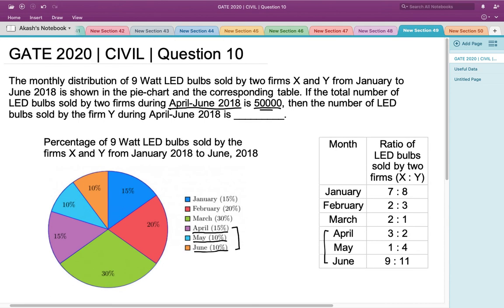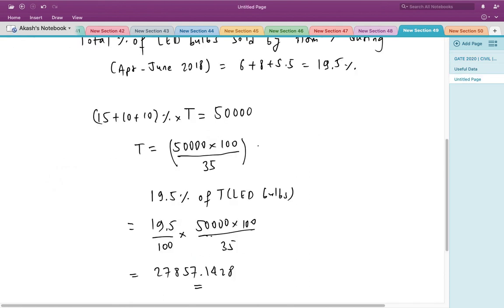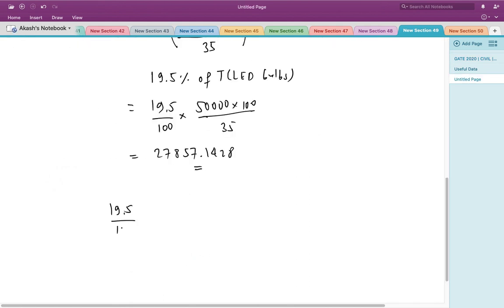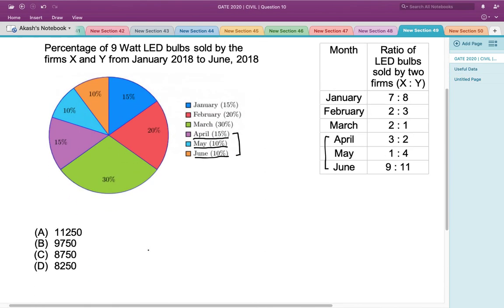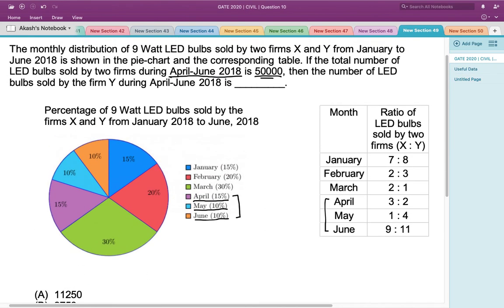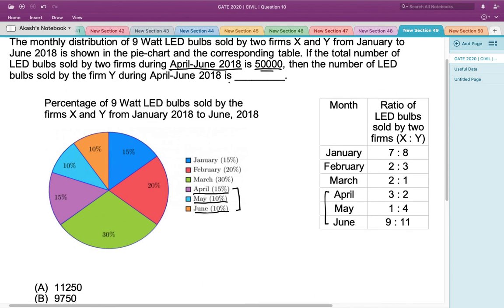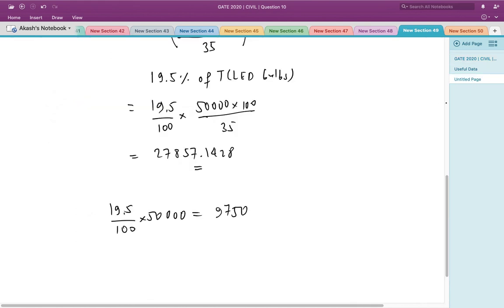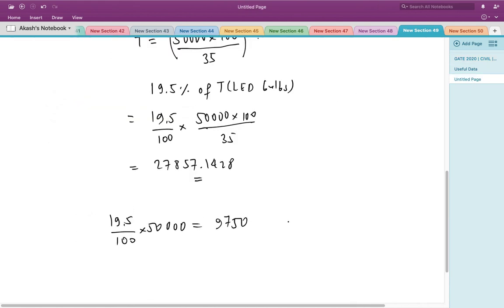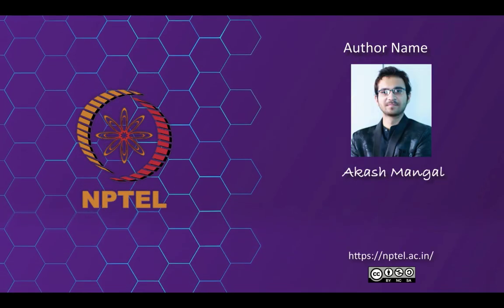Had this been January to June 2018, then the final answer would simply be 19.5% of 50,000, which would turn out to be 9750, matching option B. But since the data was given for April to June 2018, none of the options match the right answer. So the actual answer is 27,857.1428. Thank you.